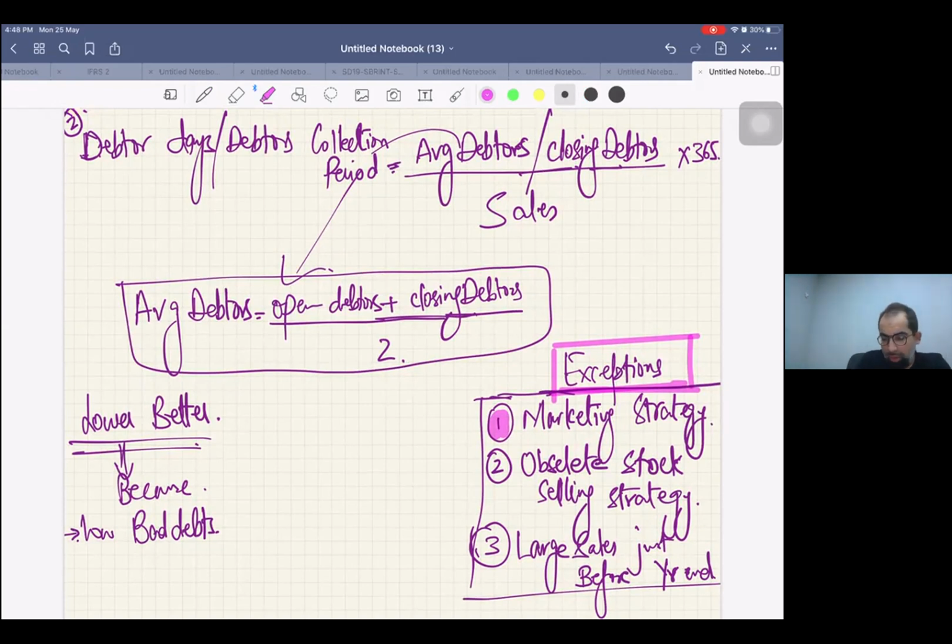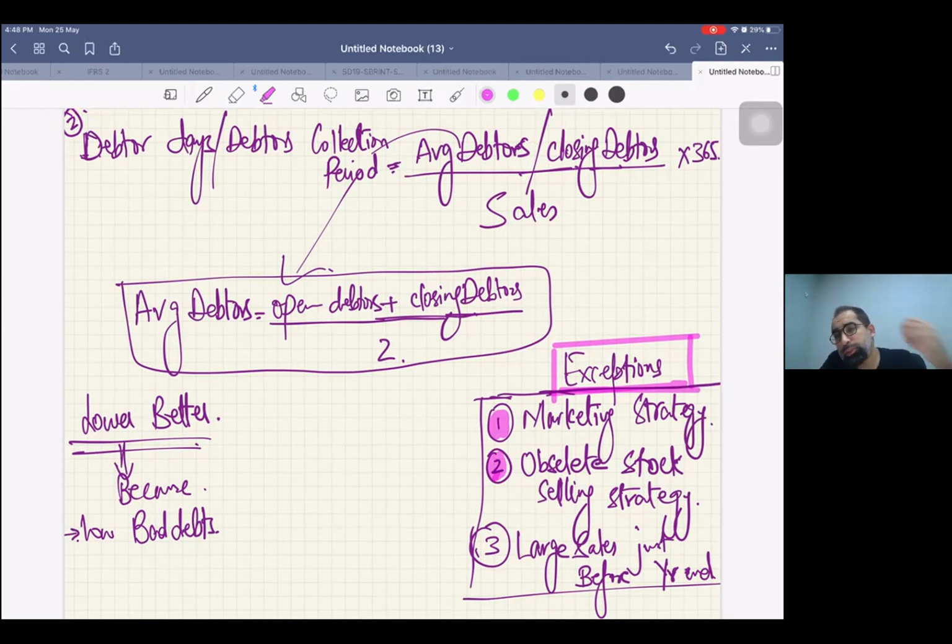Number two, obsolete stock selling strategy. Look here, let us say I have this pen. This is not a perishable good, but let us say this pen will expire in 3 days. Or I have some fruits which will expire in 3 days.